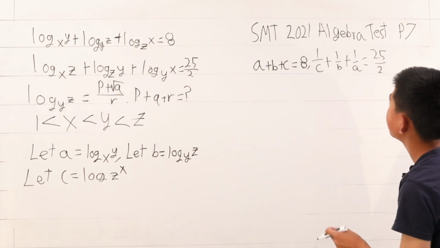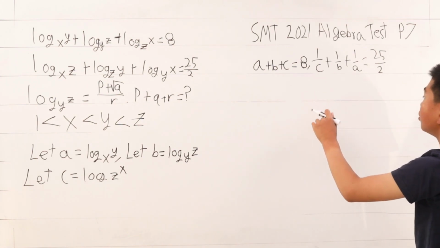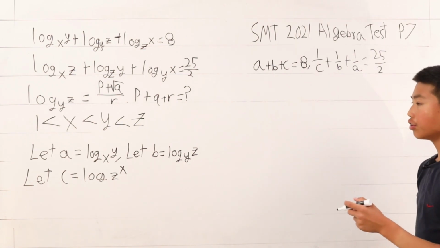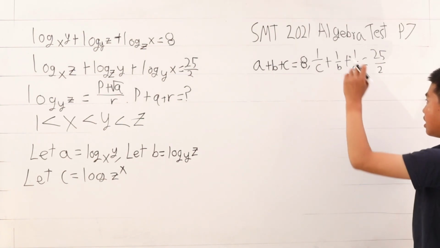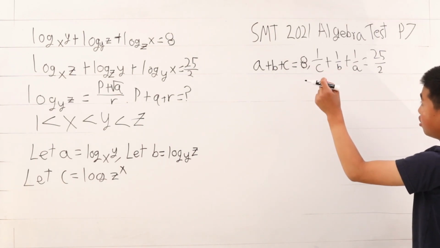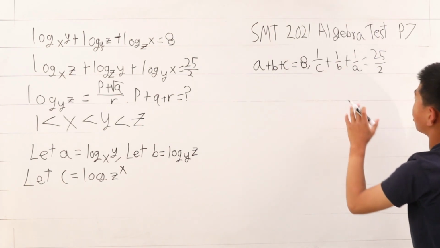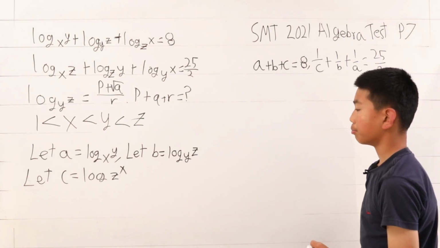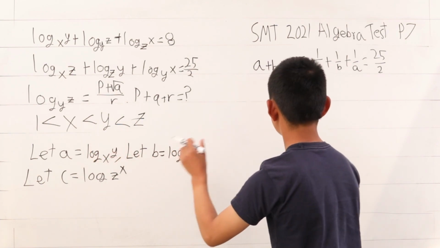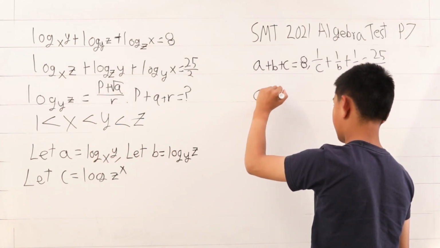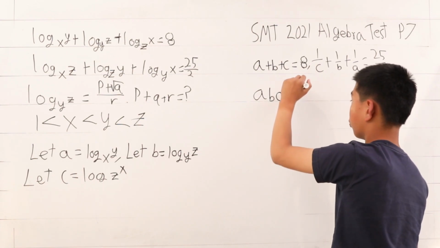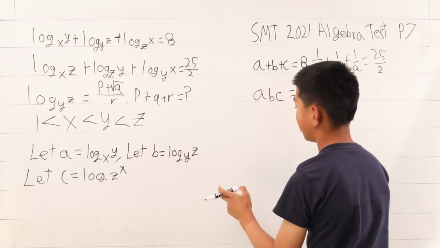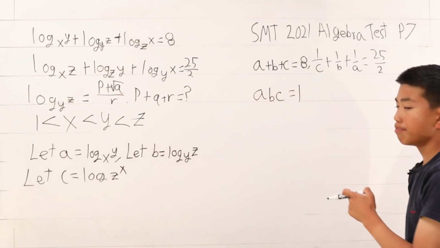Alright, so we can actually still keep on simplifying this. We notice that this has the bottom of a, b, c, when we make them all have a common denominator of abc. What we do now is we multiply out abc. a times b times c is equal to 1, because when you multiply all them out, the bases and all the variables just cancel out, so you get 1.